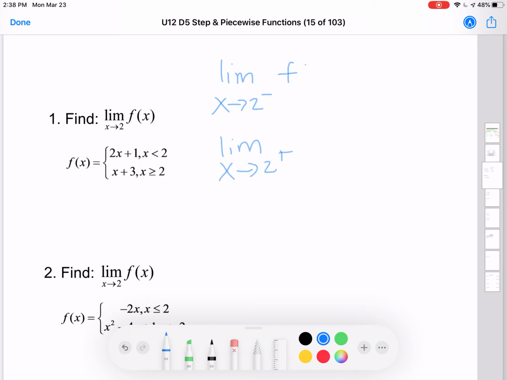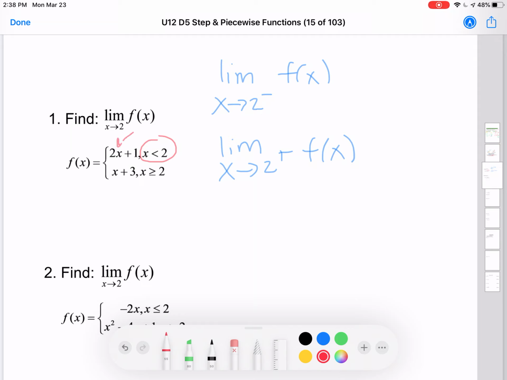So you are supposed to put the f of x in here, but I just don't have much room. Okay, so let's see what happens. First, we have to go to the correct domain. So for the first one, x is approaching 2 from the left, so that means I'm a little bit less than 2. So if I'm a little bit less than 2, that's this domain. So I'll take my value of 2 and just replace it in.